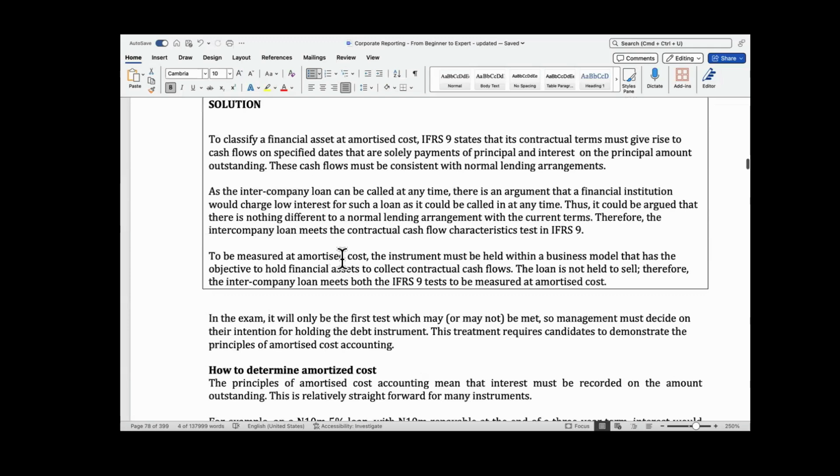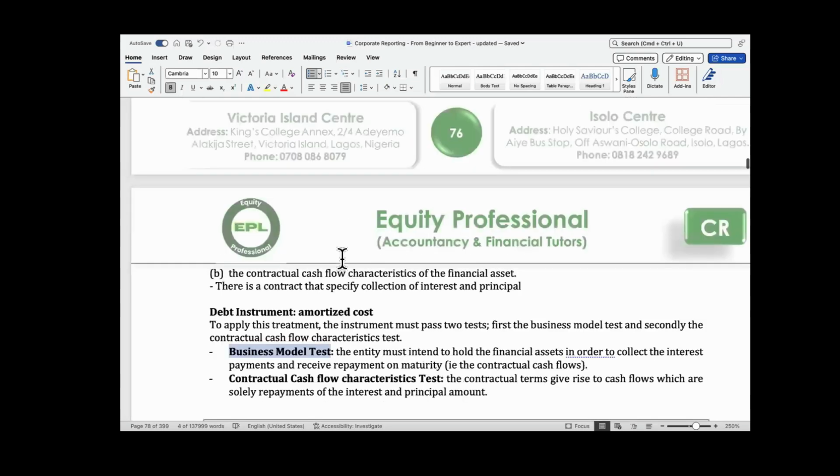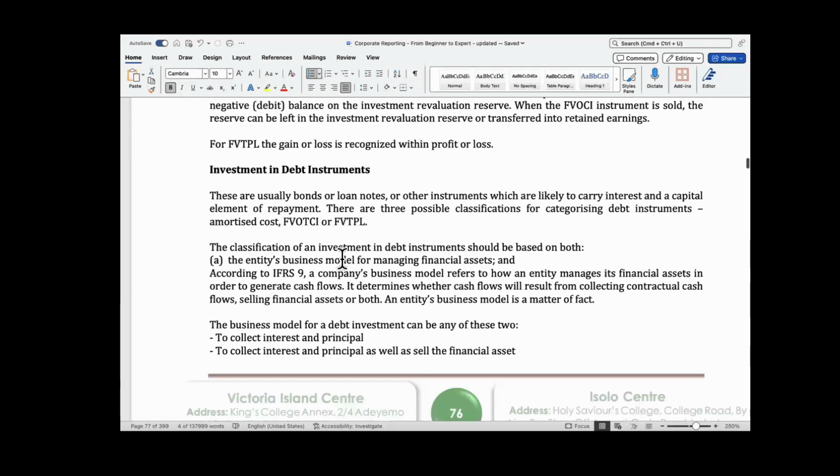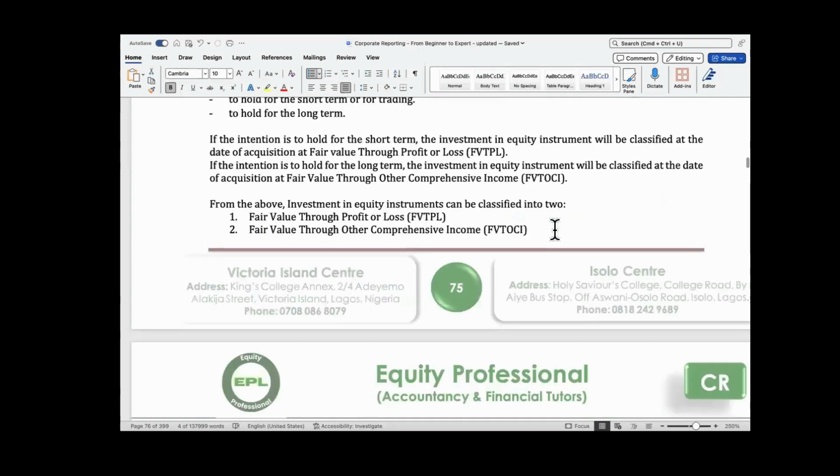Okay, before I go to that, let me just quickly mention, similar to that equity investment, you remember that equity investment we said is classified into fair value through P&L and fair value through OCI. And the same way we classify it is the same way we measure it. Remember?